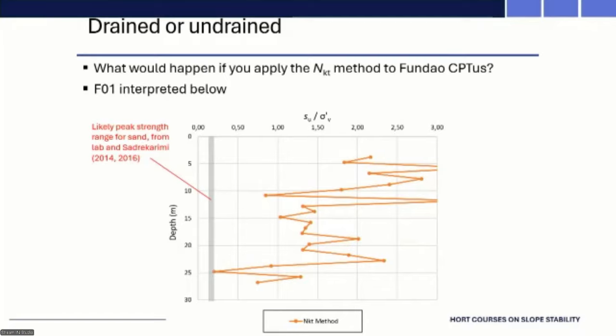So certainly way different from what you'd get if you just haphazardly applied the NKT method to the CPTs from Fundao, because they were drained as well. So just to emphasize, we can get horribly off course if you don't anchor back your numbers and think, well, how rational is an undrained strength ratio of 2 in material which is actually quite loose.